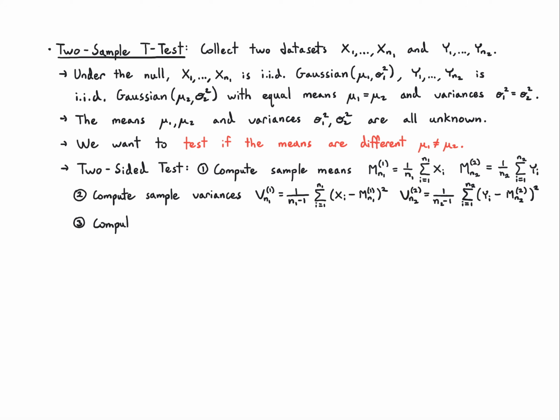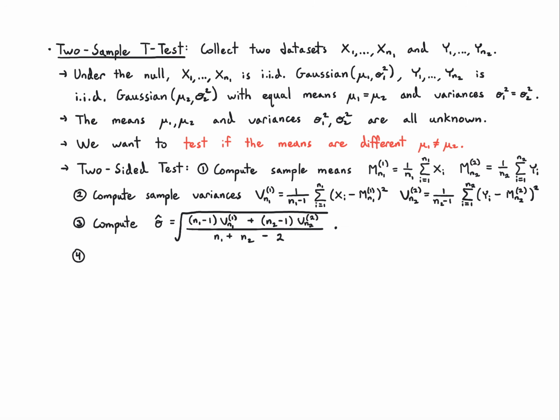And then I'm going to compute this kind of pooled variance estimator. So I put these two sample variances together in this particular way with this formula. The reason to use this formula is, again, not super important. All I'm trying to do is put together my data from X and from Y to get an estimate of my variance, which I believe to be the same.